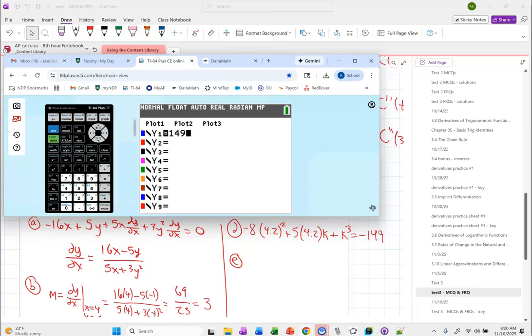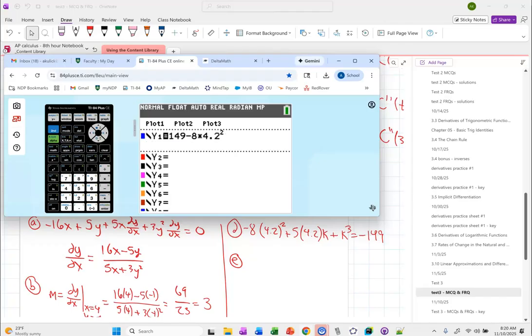So I'm going to have 149 minus 8 times 4.2 squared plus 5 times 4.2, and then x plus x cubed. Notice I didn't bother simplifying anything. You could type those numbers in your calculator and get a normal number out of it, but it's all going in the calculator anyways. I'm just not going to waste my time with that.